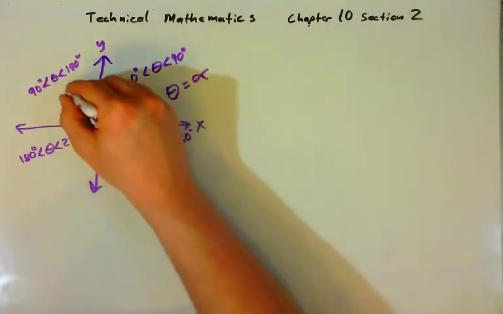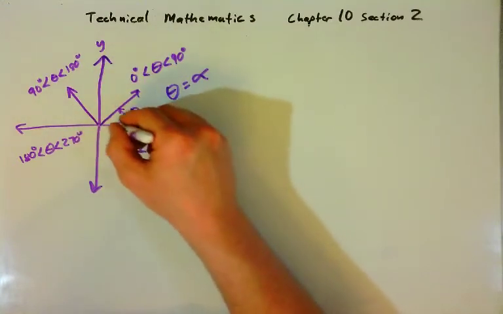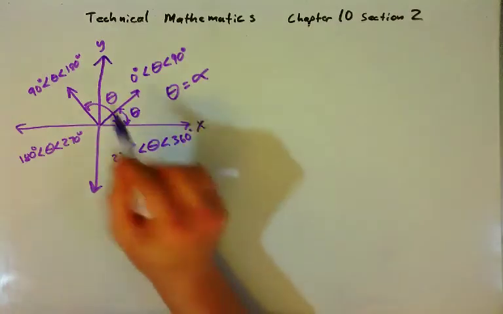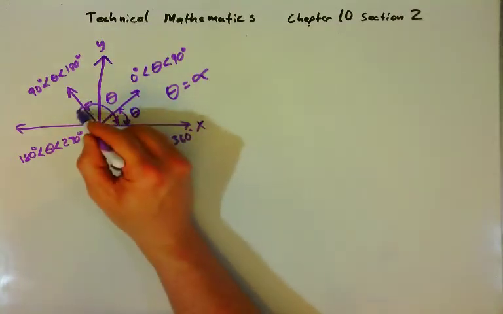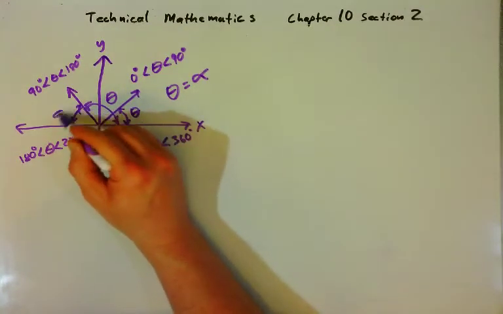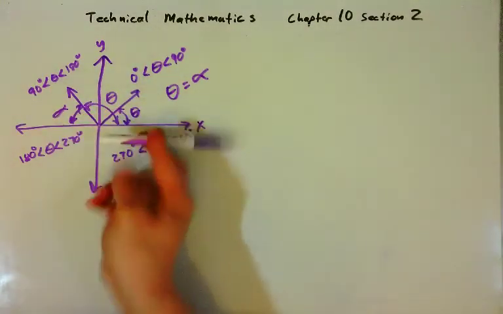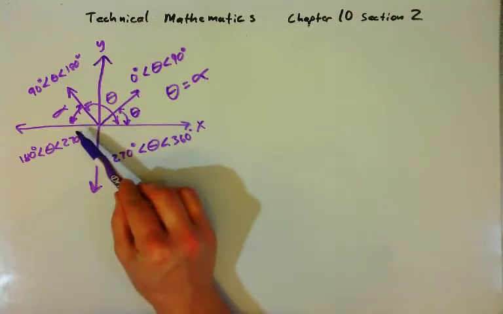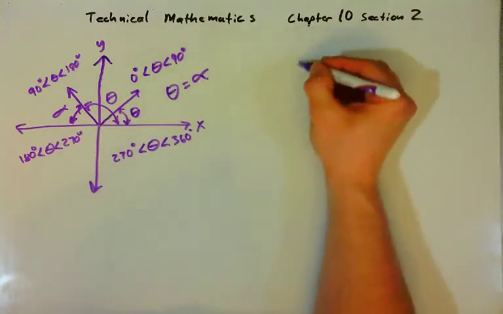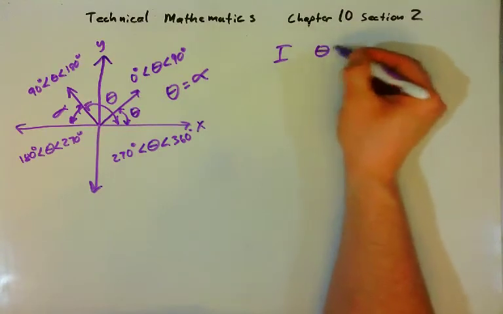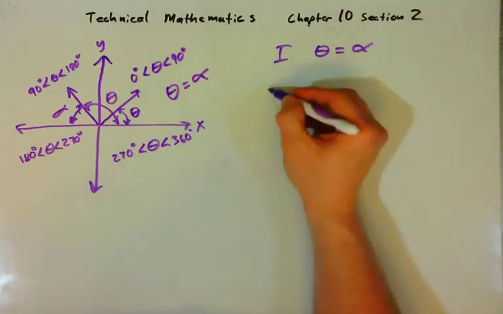But if theta was in the second quadrant, over here somewhere, then the reference angle alpha will be 180 degrees take away theta, and that leaves you with alpha. Let me summarize here. In the first quadrant, theta is equal to alpha.